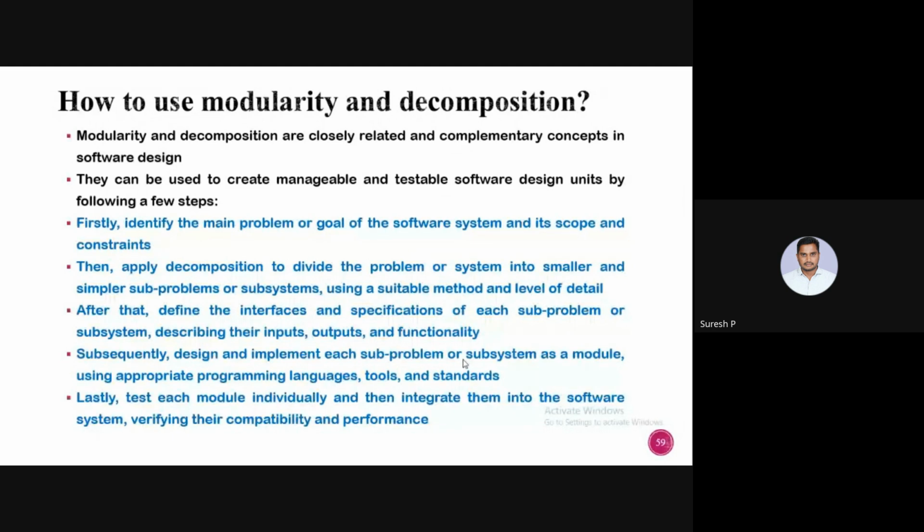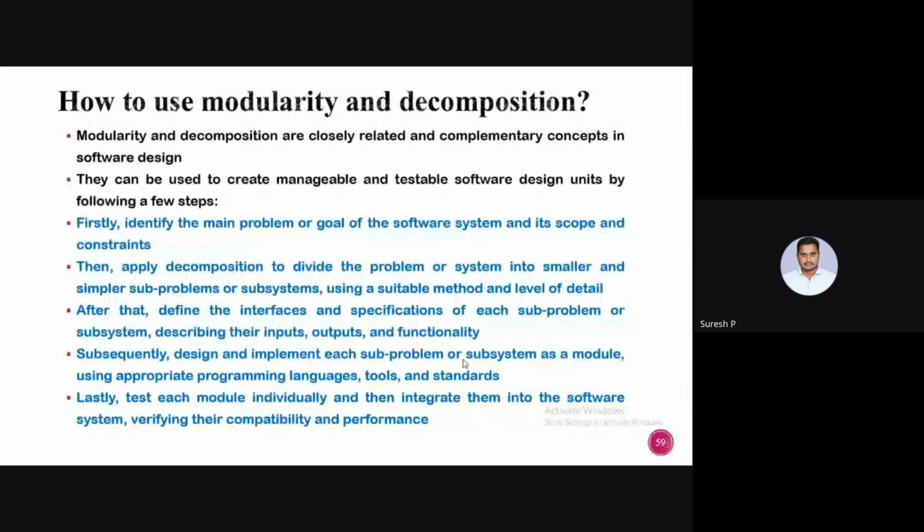For example, when you have a big application, or you can take a simple example like arithmetic operations: addition, subtraction, multiplication, division, and modulus. For each subproblem, for addition, the input will be 2, the output will be 1, and the functionality will be addition.